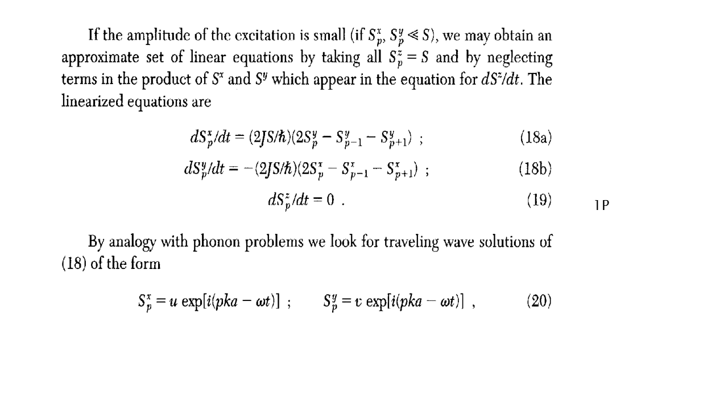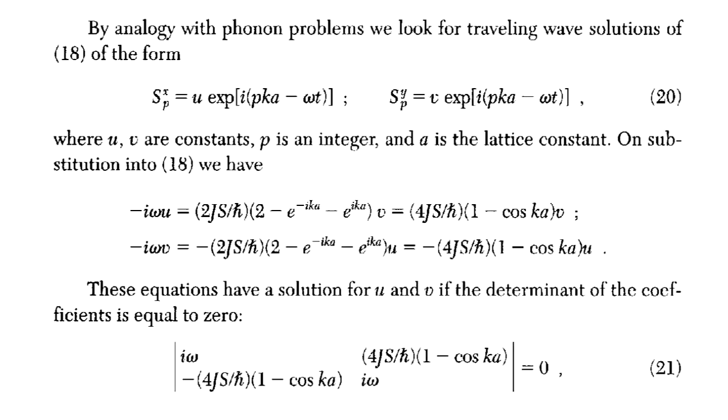The x component Spx and Spy will be in this form, and we can substitute these values in these two equations: the derivative d by dt of Spx here, and Spx and Spy on the right hand side. You will get an equation where e raised to i(pka minus omega t) is a common factor in all these terms, that you can remove.